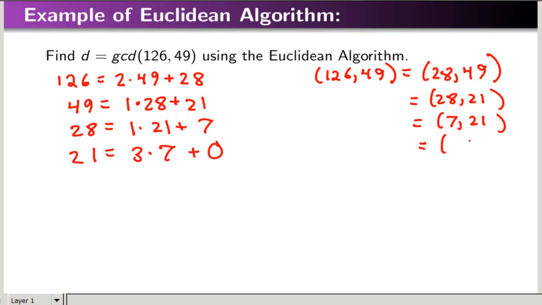Okay, so we are ready to terminate the process, and the GCD of 7 and 0 is just 7. And again, it's sitting right there.